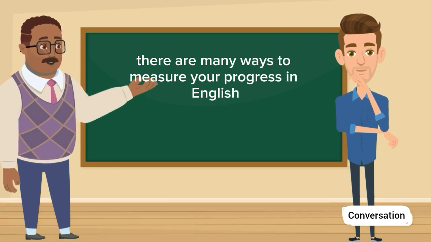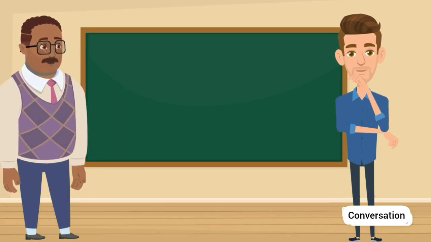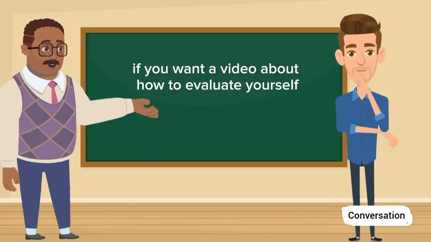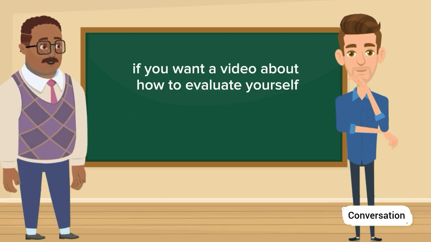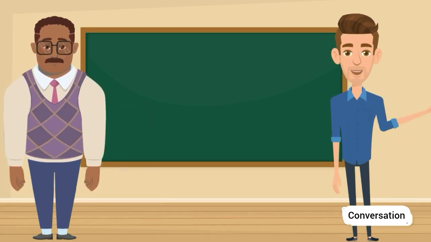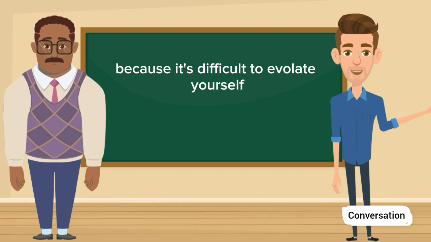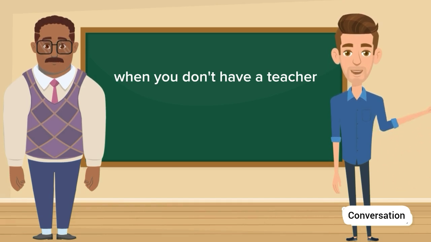There are many ways to measure your progress in English. To evaluate yourself. If you want a video about how to evaluate yourself when studying English, also let me know. I would love to hear that because it's difficult to evaluate yourself when you don't have a teacher.